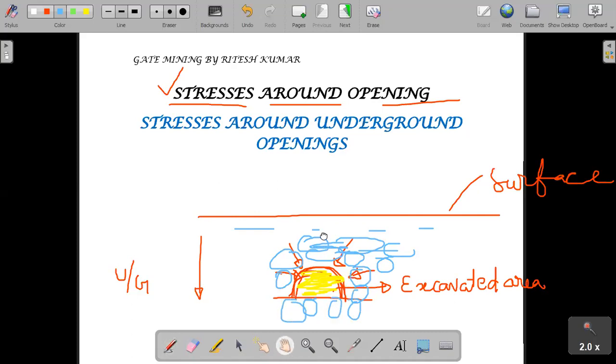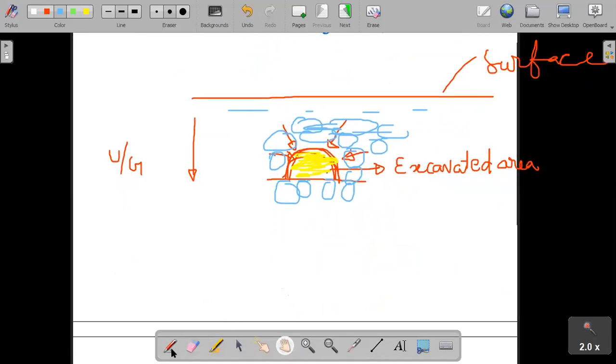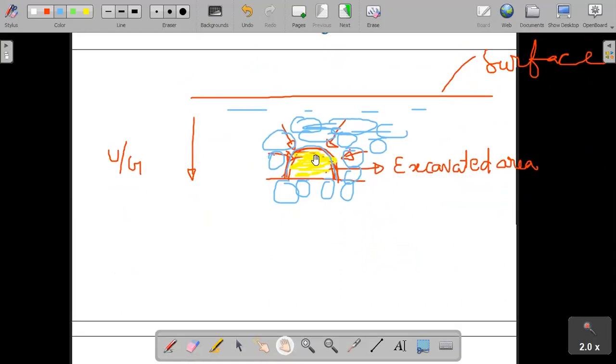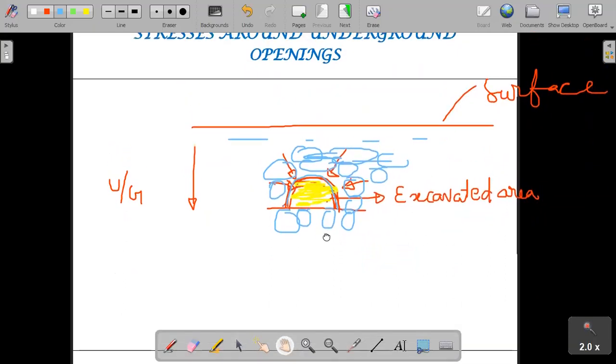So it is very important for any underground mine to first calculate the stresses from all the directions, meaning tangential, radial and shear stresses due to the rocks on this excavation area to make an opening. Is it clear what we are going to find today?